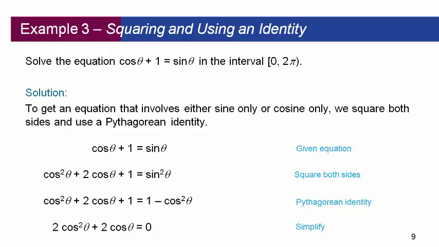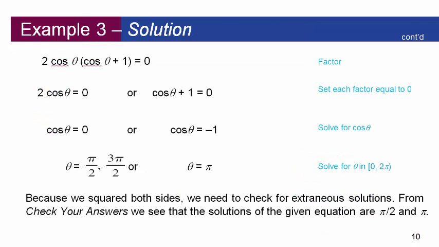Because really, this is just 2x squared plus 2x equals 0. And we don't even have to treat that as a quadratic. We can just pull out a 2 cosine theta, right? You just factor that out. And now you're left with 2 cosine theta times cosine theta plus 1 equals 0. So each piece has to equal 0. So either 2 cosine theta equals 0 or cosine theta plus 1 equals 0.